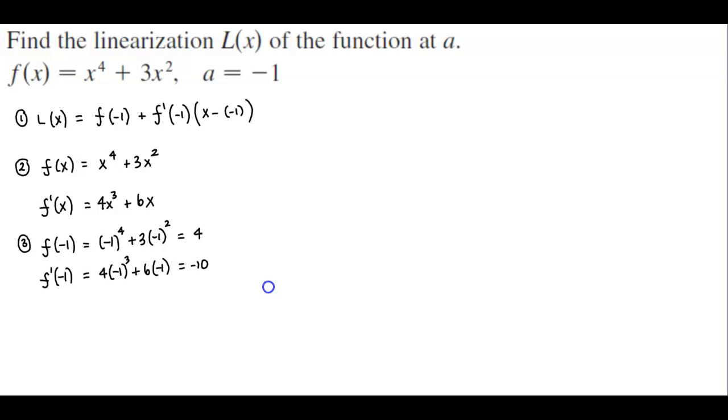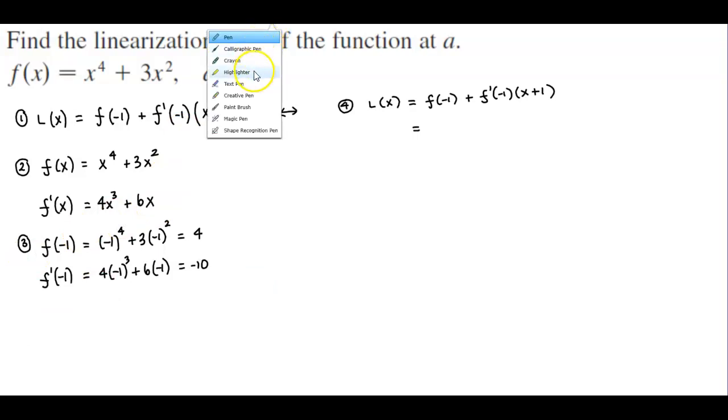So now, in step number 4, we can use this form. So we have L of x, which is equal to f of -1 plus f prime of -1 times x plus 1. From our information here, we know that f of -1 is equal to 4.